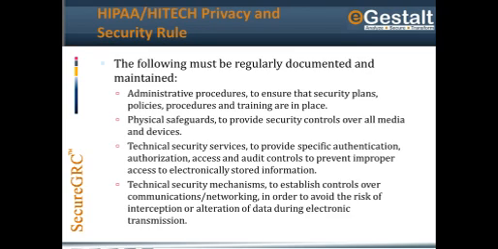There are physical safeguards, which is around electronic media, around physical media, fax machines, etc., that need to be enforced. And then there are a number of technical services, security services or processes: how electronic information is exchanged, how information is accessed, who gets to access the electronic information. All those mechanisms are in the purview of HIPAA HITECH.